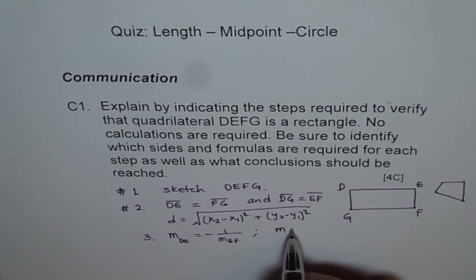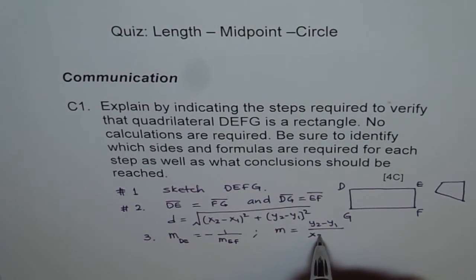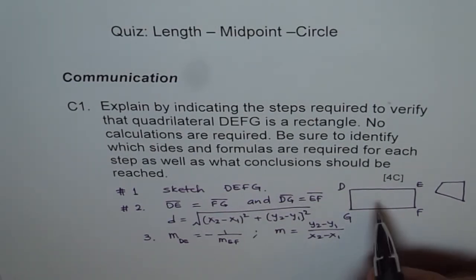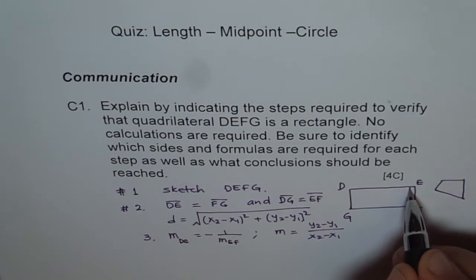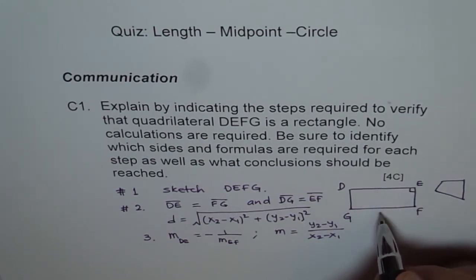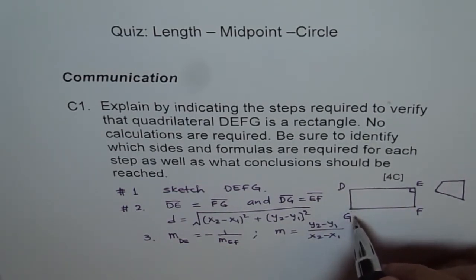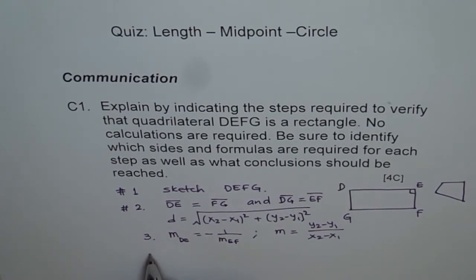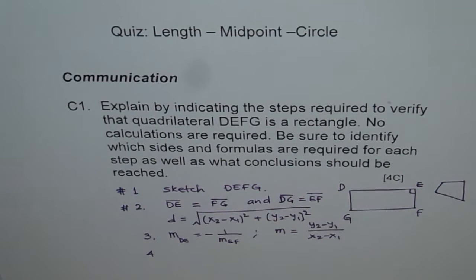Slope is y2 minus y1 divided by x2 minus x1, correct? If these lines have negative reciprocal slopes, they are at right angles. So we prove that this angle is 90 degrees. Since these two sides are equal and these two sides are equal, the other angles should be 90 degrees also. But to be on the safe side, we can do the same for the other two sides.